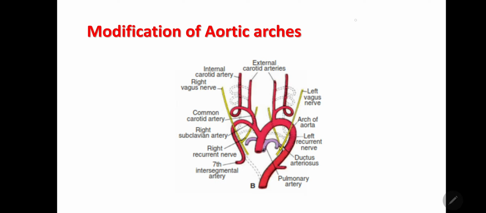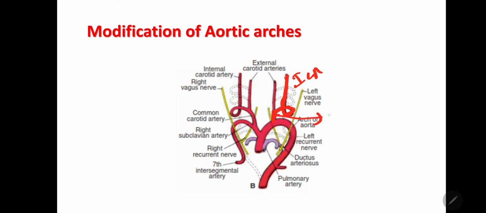So you have seen first there is a development of the first and second aortic arch arteries, and they soon disappear, leaving behind the third. The third is large and it forms part of the common carotid artery and the first part of the internal carotid artery.